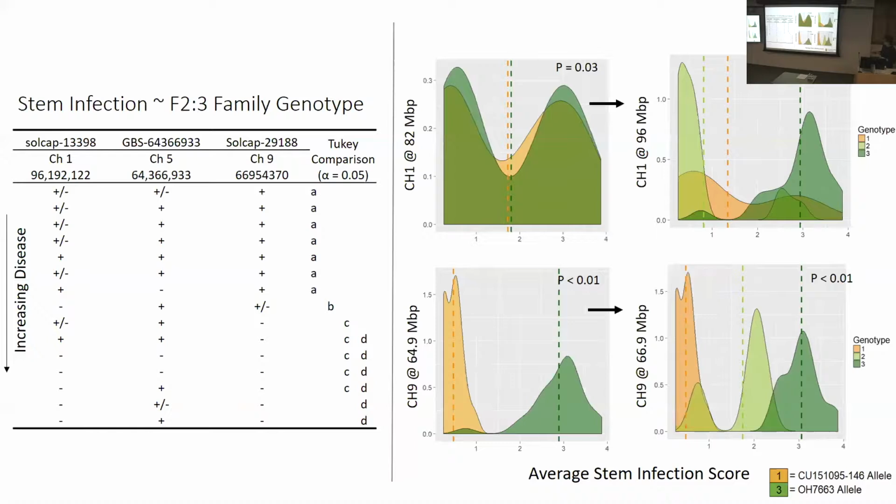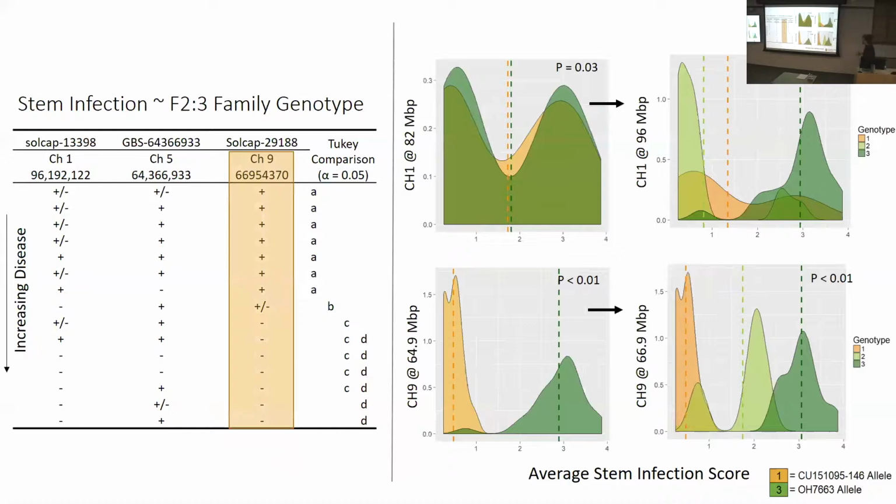And this coding I've used here is a single plus indicates homozygous for the resistant form of the allele, a plus minus indicates heterozygous, and a minus indicates homozygous for the susceptible allele. And these are the 3 loci, or QTL on chromosomes 1, 5, and 9.